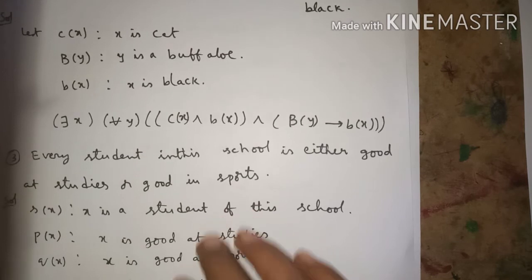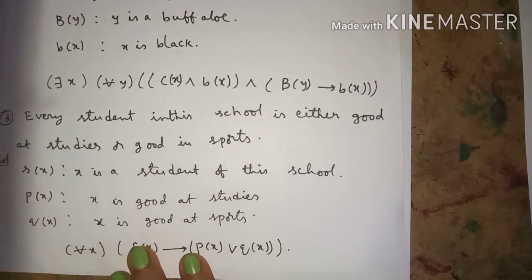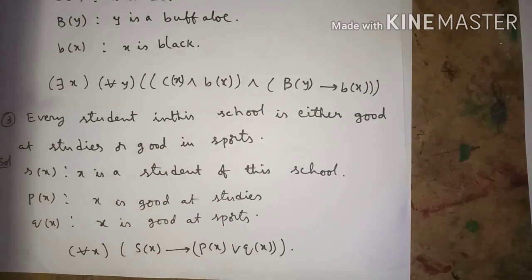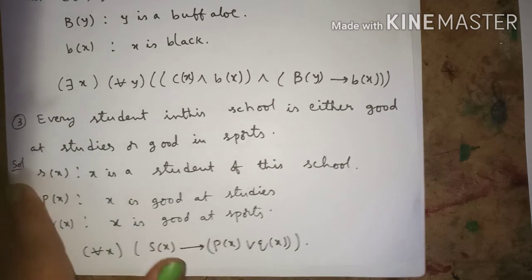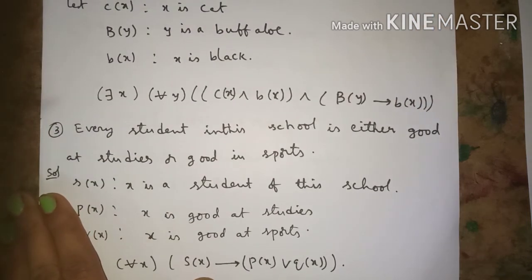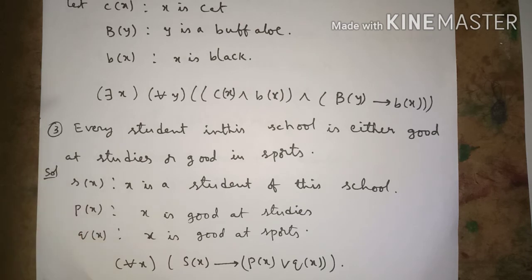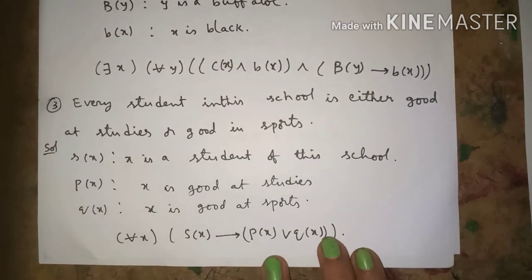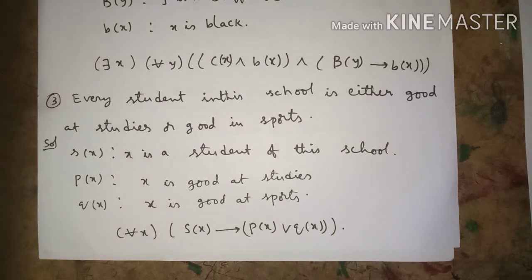The third one: every student in this school is either good in studies or good in sports. Here, S of x means x is a student of this school.